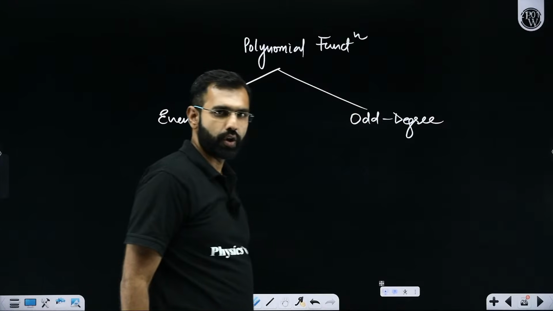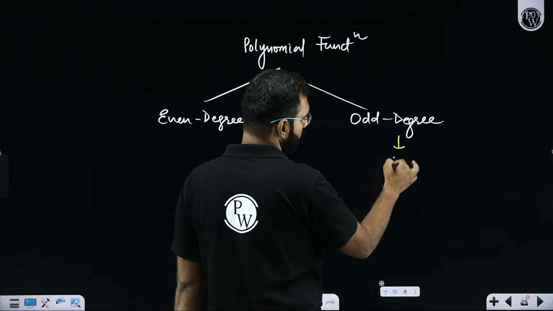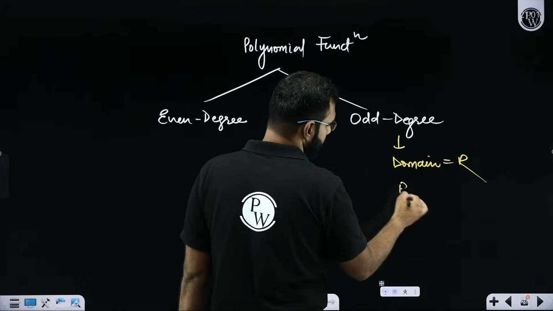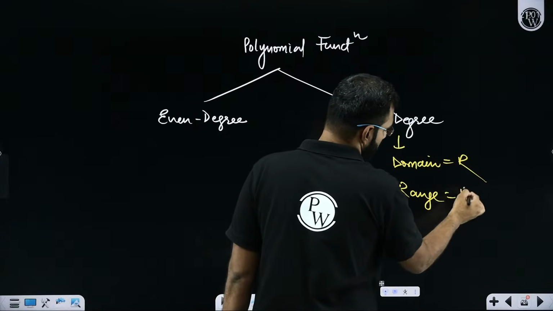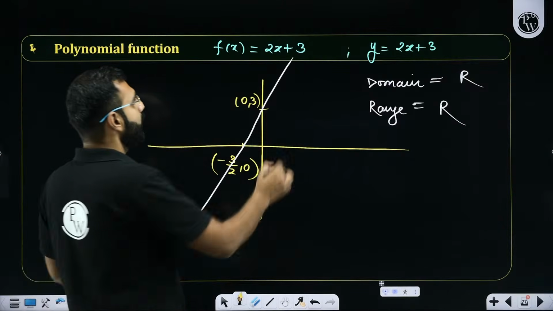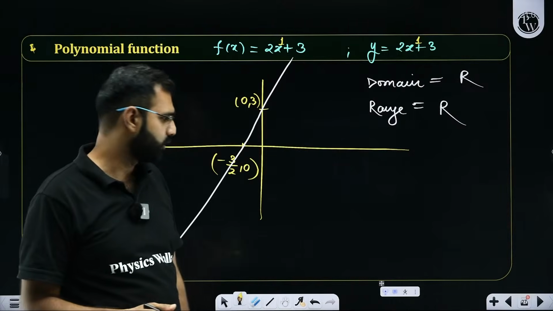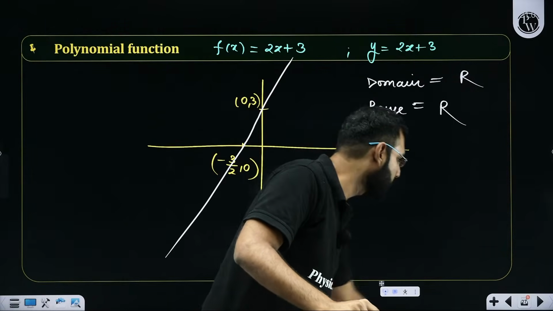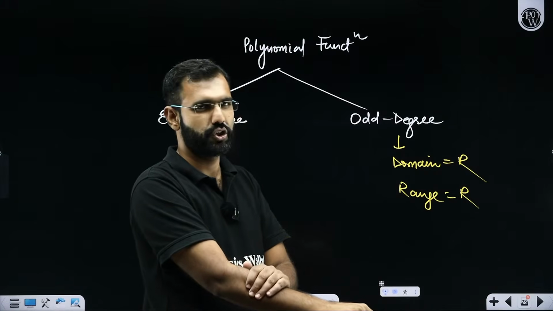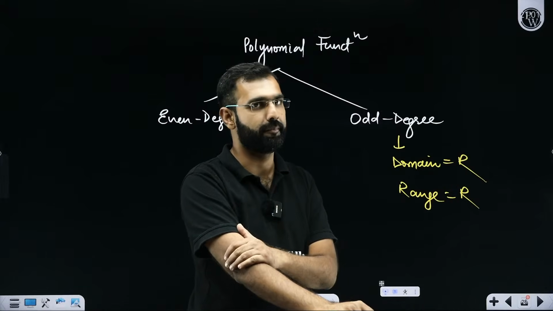One thing for sure, you can always remember that if you ever encounter odd degree polynomials, their domain is going to be R and their range is also going to be R. Sir, what do you mean by that? Look at this scenario. The degree of this polynomial is 1, which means the power of x is 1, so it is an odd degree polynomial. For an odd degree polynomial, without any hesitation, you can say its domain and range both will be R. Mark my words, it will always happen.